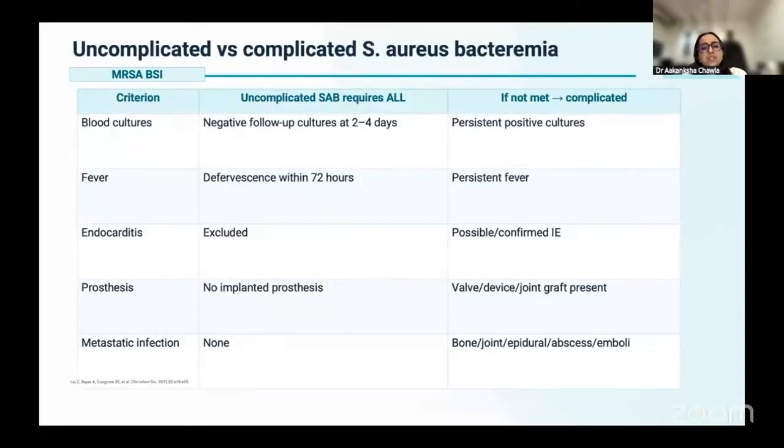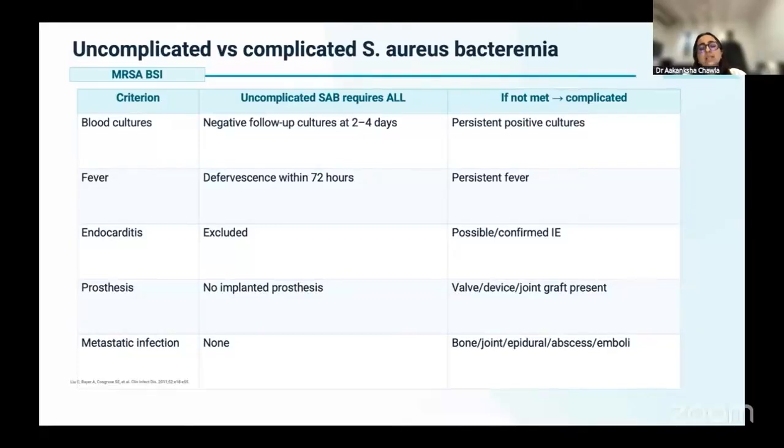So how do you differentiate the Staphylococcus aureus bacteremia? It can be complicated and uncomplicated. An uncomplicated Staph aureus bacteremia would have negative follow-up cultures at 2 to 4 days. They may have fever, or it might settle very early within 72 hours. They won't have any risk factors of endocarditis, any prosthesis in situ, or any possibility of metastatic infection.